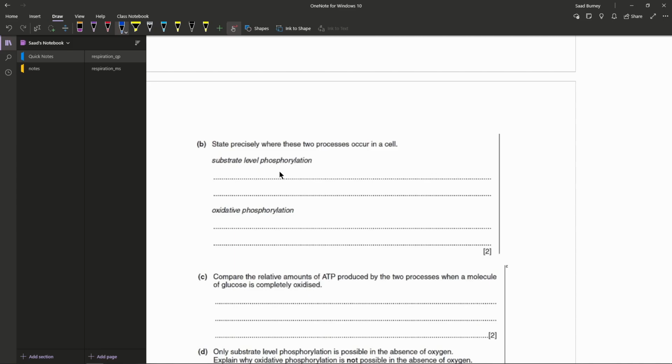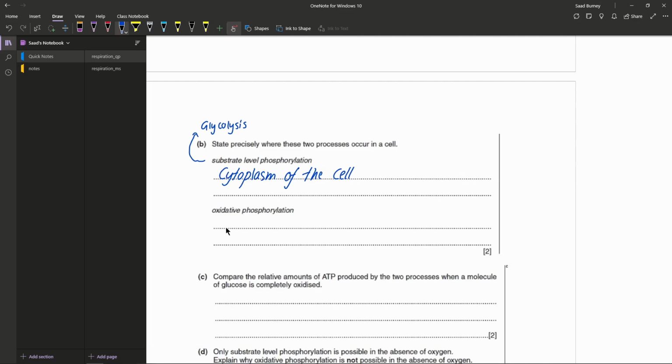Substrate level phosphorylation. You should know that this takes place during glycolysis, and glycolysis takes place in the cytoplasm of the cell. And now oxidative phosphorylation.